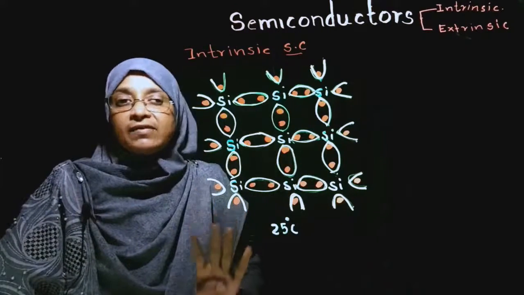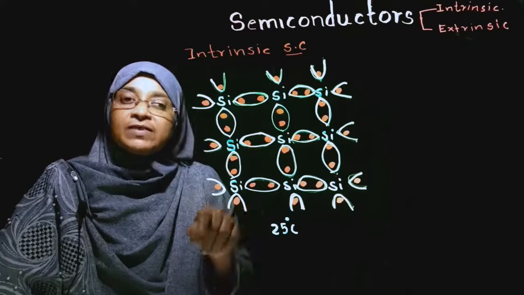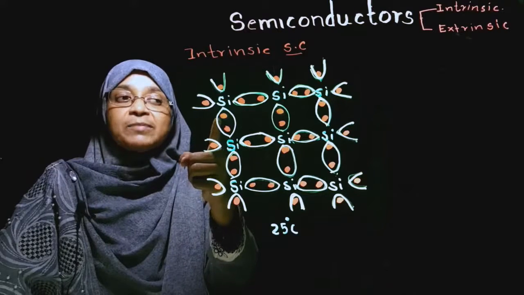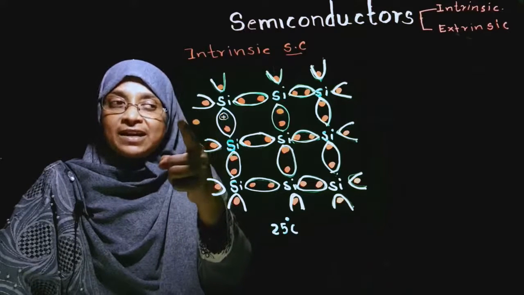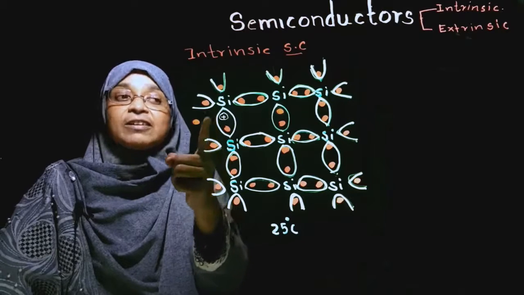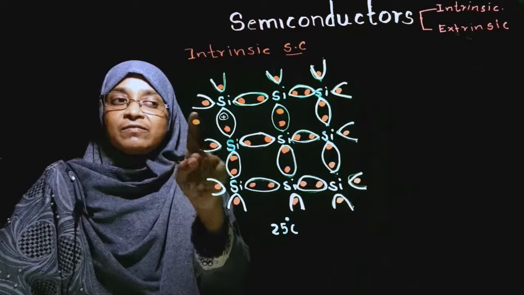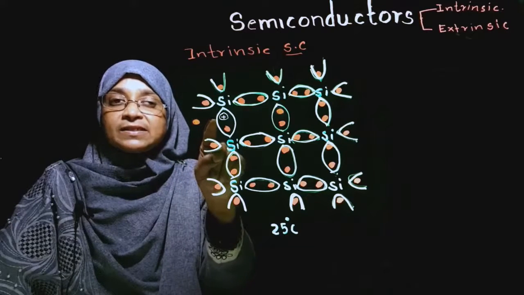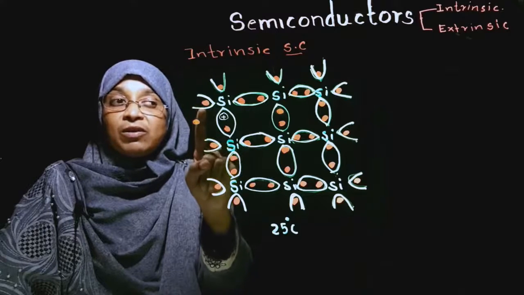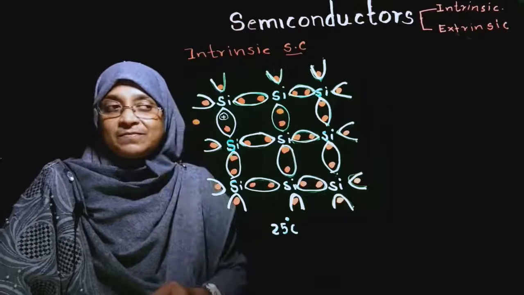These bonds are weak. When the temperature increases, now you can see here the bond is breaking. A free electron is released. And what happened to the space? There is a hole. This hole represents a positive charge.